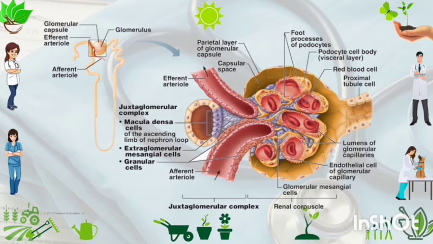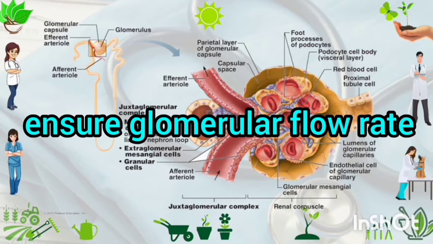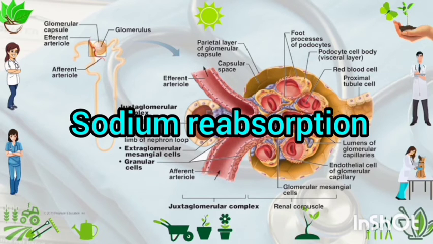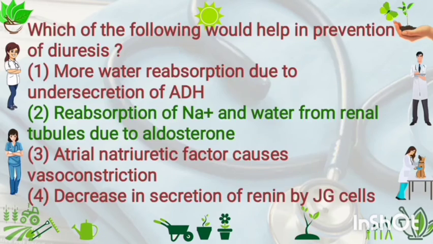It also acts as a quality control mechanism to ensure proper glomerular flow rate as well as efficient sodium reabsorption. And diuresis is prevented by the increase in the secretion of renin by JG cells. So the only correct answer is option 2.